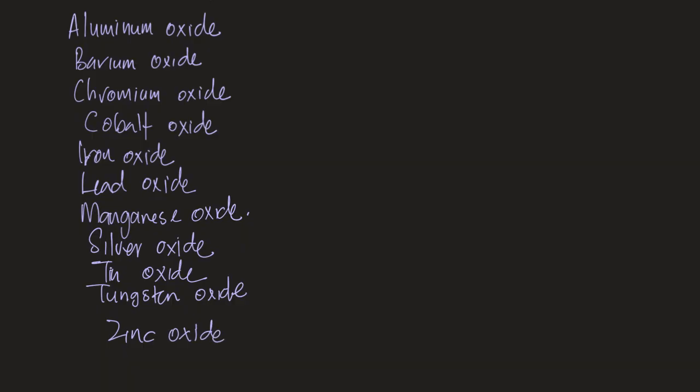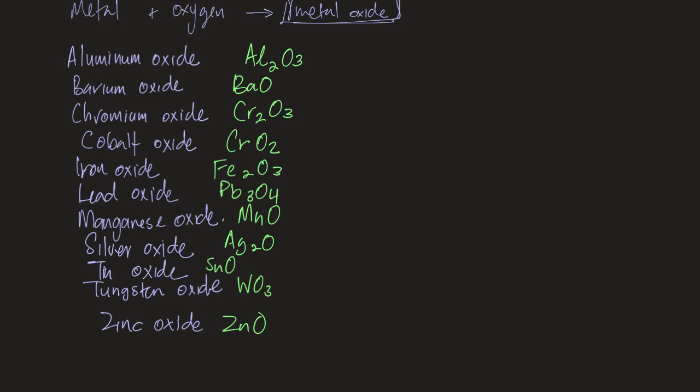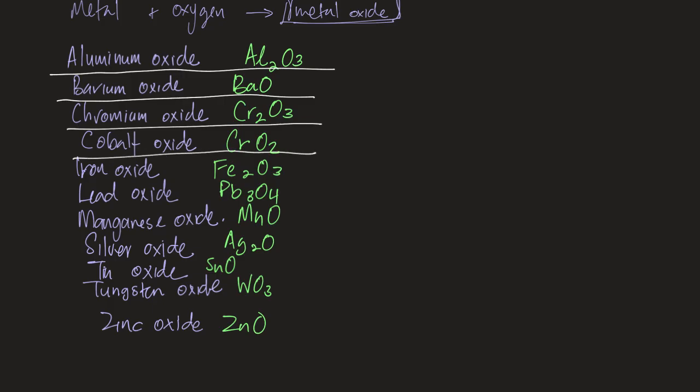Right, and I'm just going to put in all of the formulas next to it so that you know what goes with what. These are your formulas for all of these. So aluminium oxide, barium, chromium, cobalt. Let's fix that.